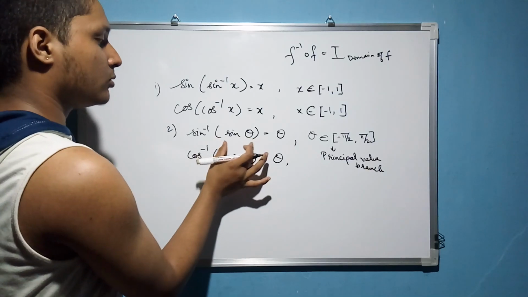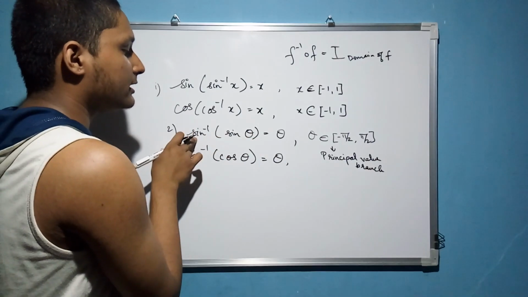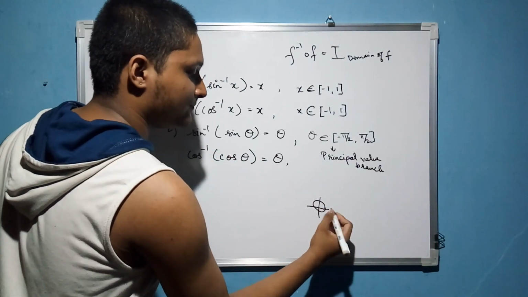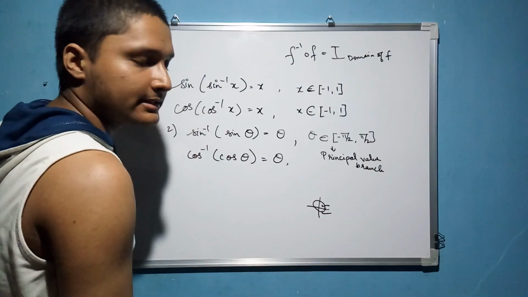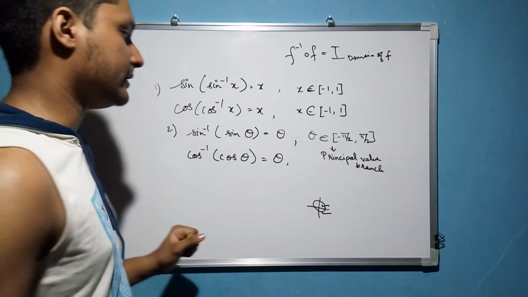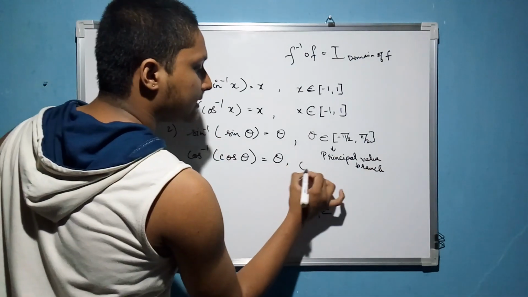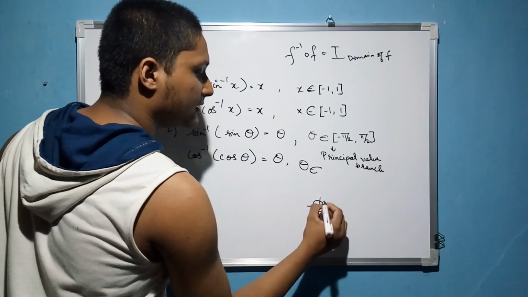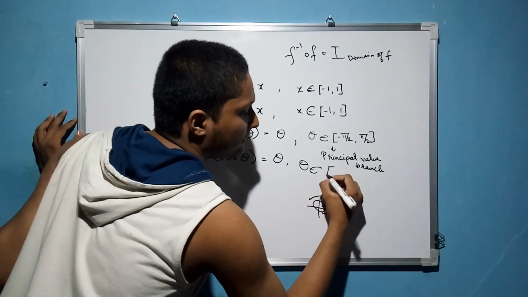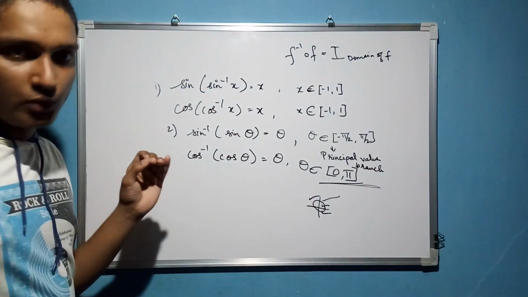What you get from sine theta will be the codomain, and it should belong to the sine inverse function, which has only the first and fourth quadrants. For that, theta should belong to minus pi by 2 to pi by 2. For the cos function, theta should belong to the first and second quadrants, which is from 0 to pi. This is the thing we need to know.